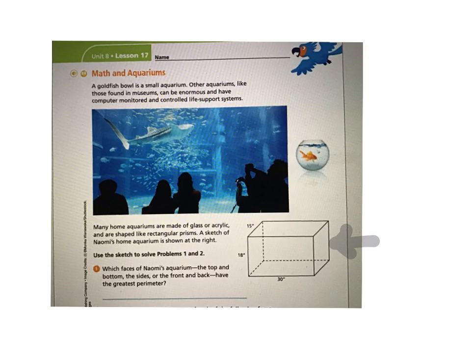So let's start with the first one. Which faces of Naomi's aquarium, the top and bottom, the sides, or the front and back, have the greatest perimeter? And remember, a perimeter is what is on the outside, the rim.